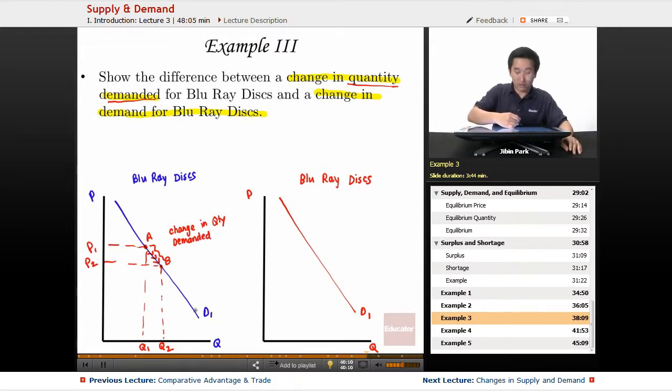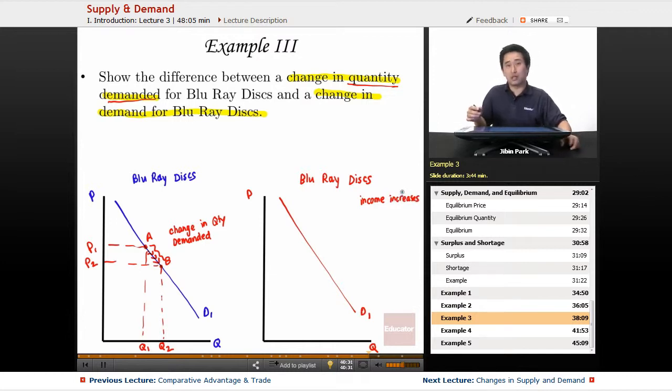Notice the demand curve stayed exactly the same, but to move from point A to point B, the price change caused a change in quantity demanded. Whereas here, let's say that income increases in the community.